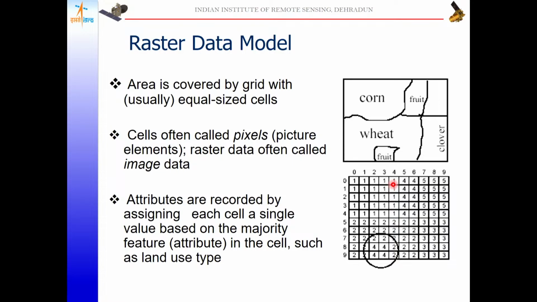So the process is corresponding to on-ground feature, you need to decide digital number or pixel value. For example, for corn I can decide 1, for wheat 2, for fruit 4, and for this feature 5, and for this one, pixel value 3 is decided.